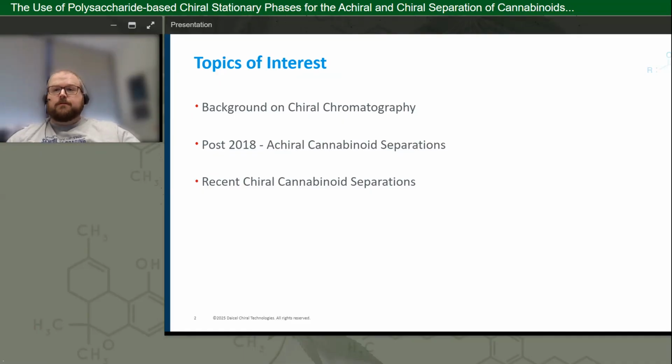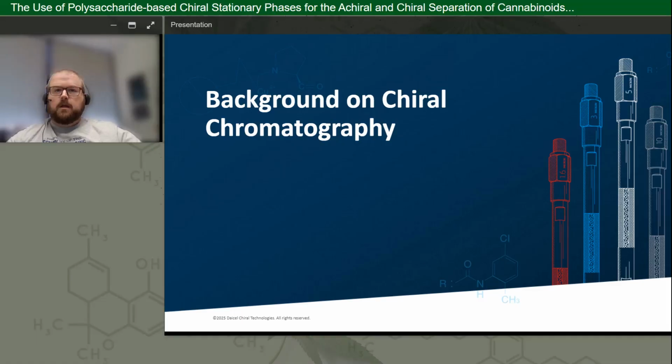Post 2018, the focus was on achiral separations for cannabinoids. What exactly does that mean? What were the technologies that were being used? And then more recently, where has the emphasis shifted a little bit more into the actual chiral separation of cannabinoids? Why is that important, and where are those new applications being developed right now?